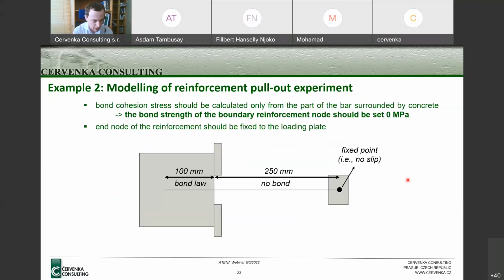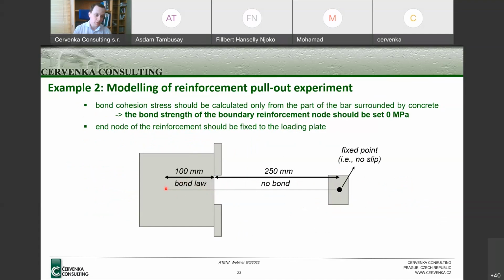So before we figure out what happens in our case, I will explain how to model it. In this case, I have 10 centimeters of the reinforcement in the concrete, and the rest of the bar is not embedded.